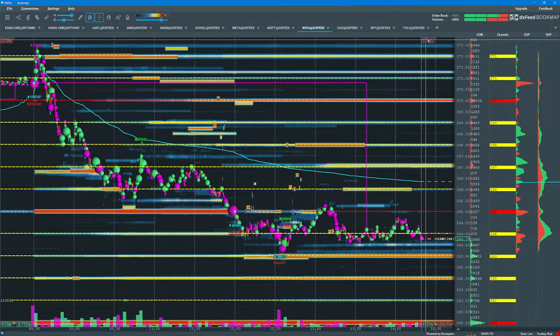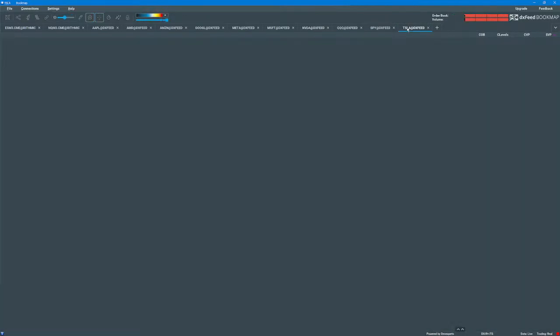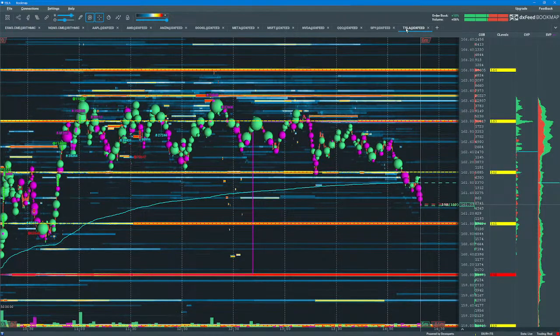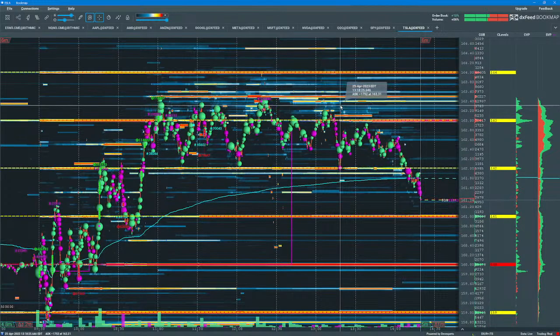All right, let's take a look at Tesla. Tesla has been bucking the trend today, in an uptrend this morning. Now it looks like it's rolling over.